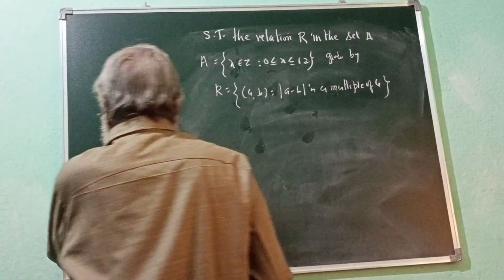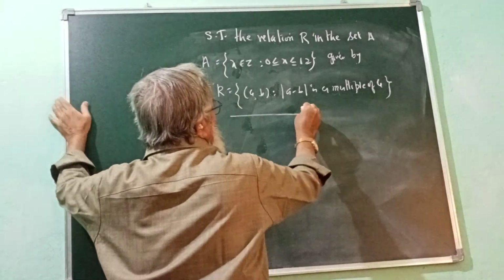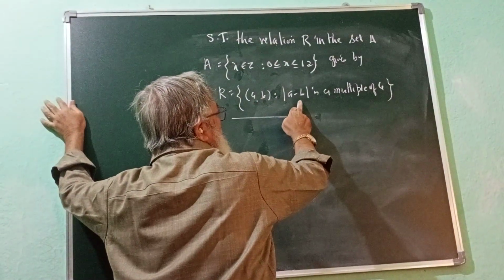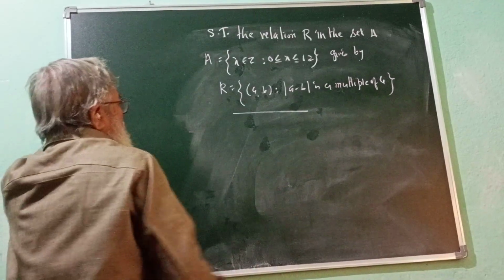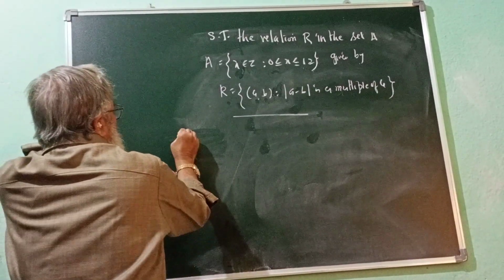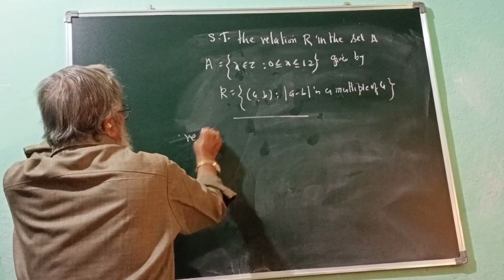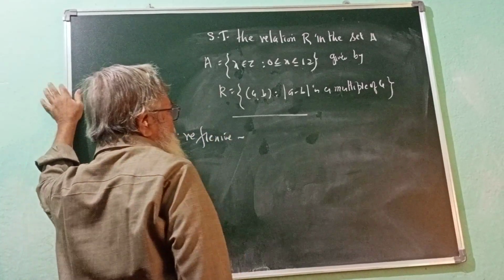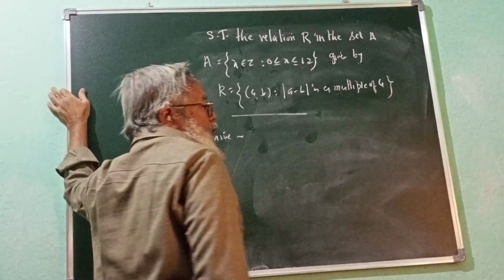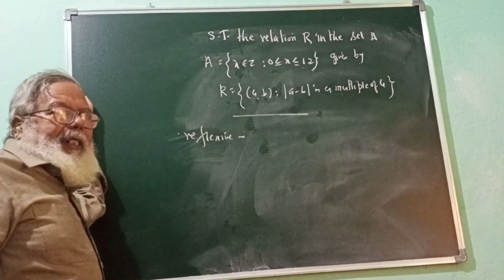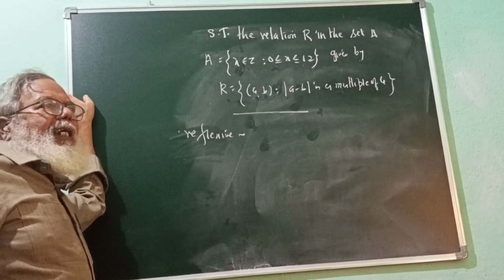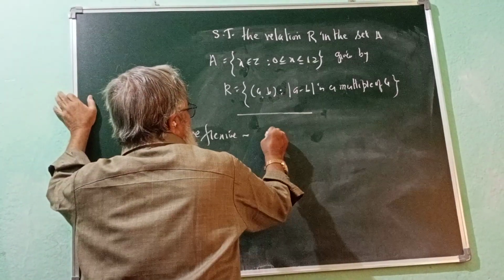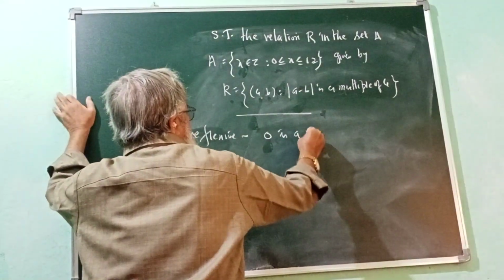Let us check one by one. The ordered pair (a, b) will be in R provided mod of a minus b is a multiple of 4. Now let us see for reflexive. 0 can be considered as a multiple of any number, so in particular here 0 is a multiple of 4.